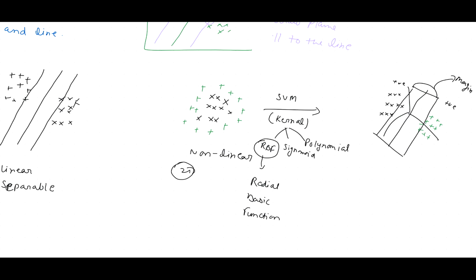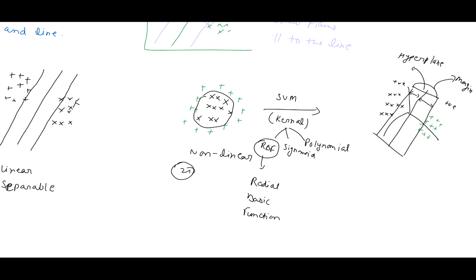This is your hyperplane, and this is the distance. Practically you won't see it like this, but when you draw it, it will look like this, and it can separate your data points.